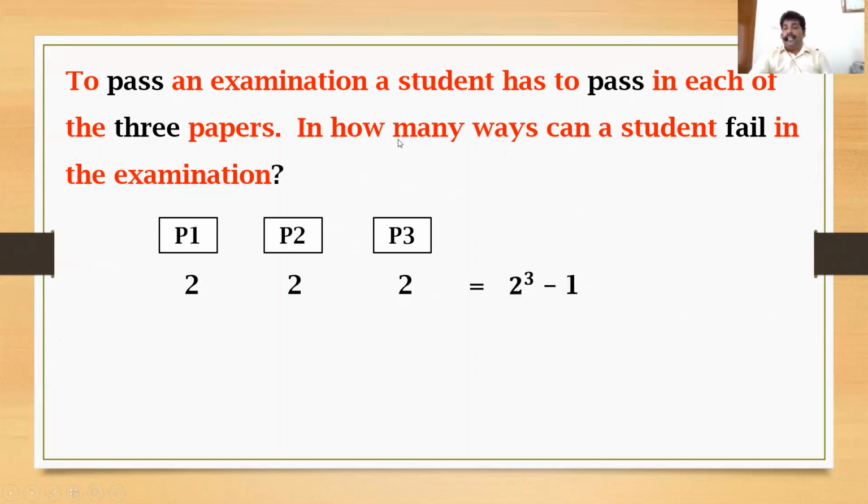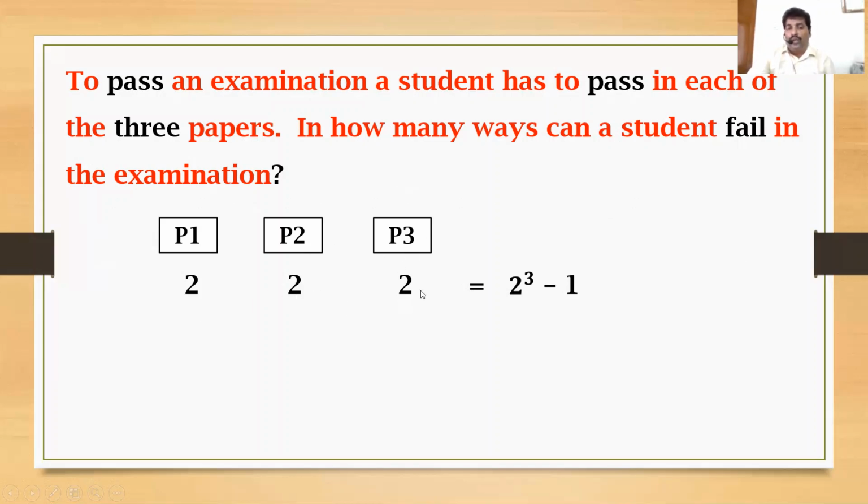So what is being asked? How many ways can a student fail in the examination? A student has to pass in each of the three papers, so all three papers passing. Here two cases are what? Paper 1, fail or pass. Paper 2, fail or pass. Paper 3, pass or fail. Two cases here.